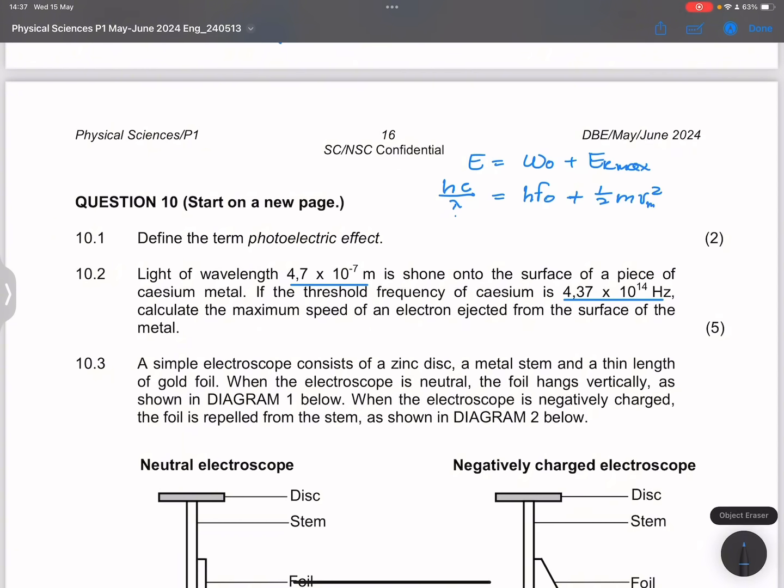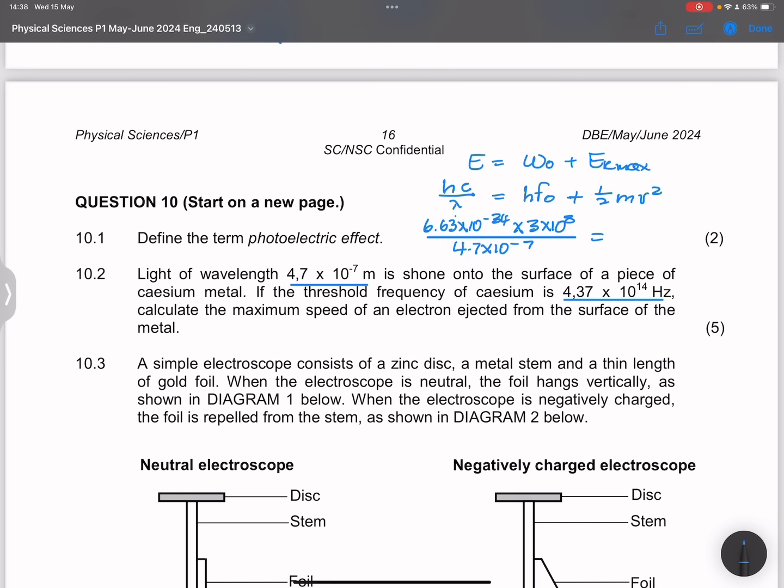Okay, let's just say half mv squared. So let's substitute there. That is going to be Planck's constant. That's 6.63 times 10 to the minus 34 multiplied by 3 exponent 8 divided by our wavelength, 4.7 times 10 to the minus 7.